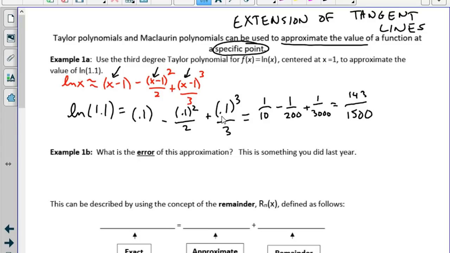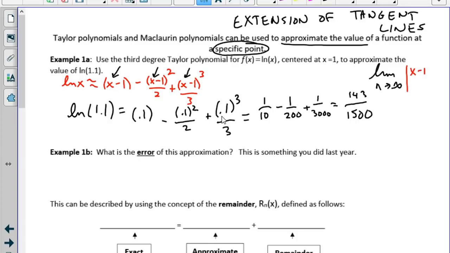Well, before we get into that, let's just remind ourselves that natural log of x centered at 1, if we did the ratio test, limit as n approaches infinity. I'll do this in a different color so it's easier to see. If I did the ratio test on the general term, the -1 to the n plus 1 doesn't really matter.